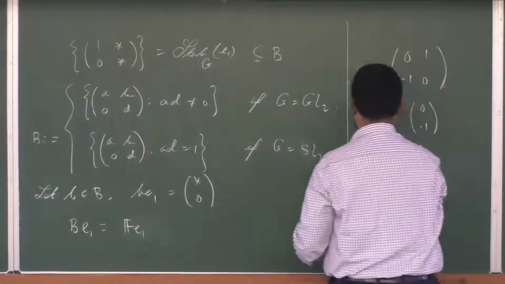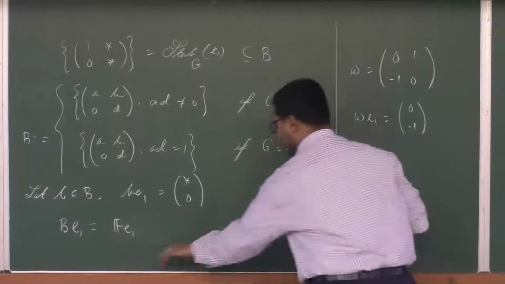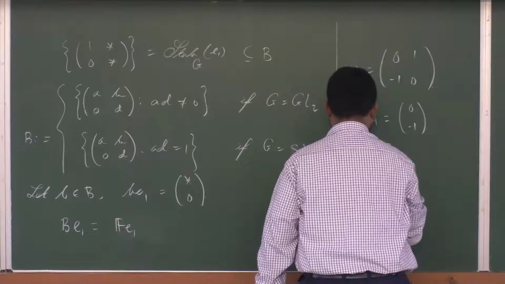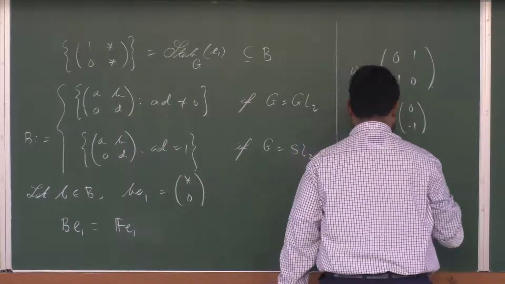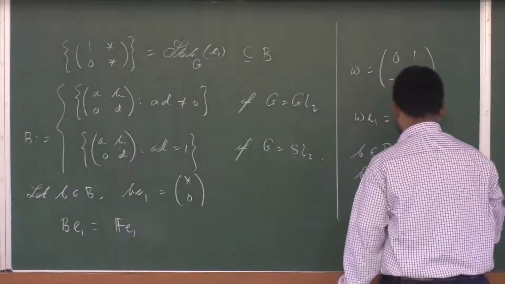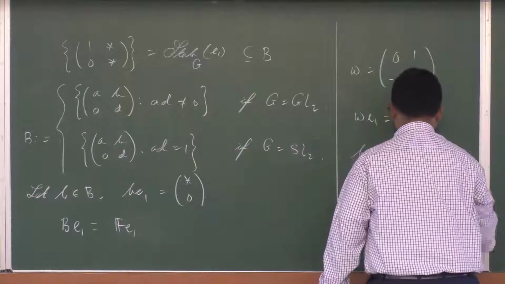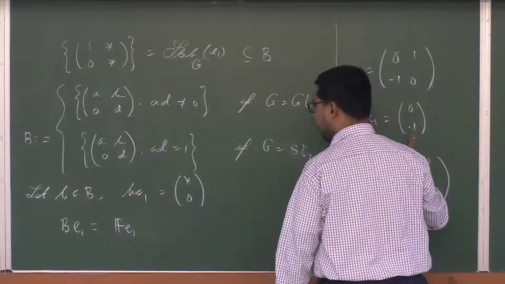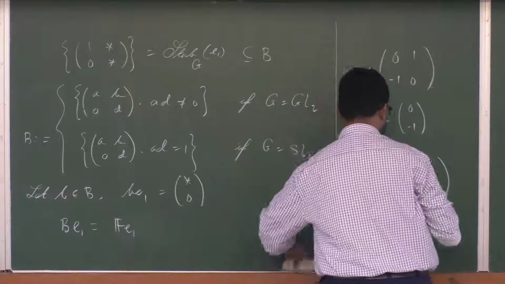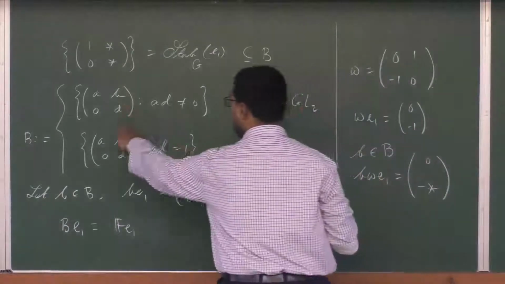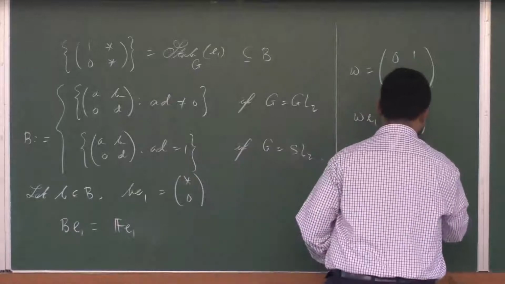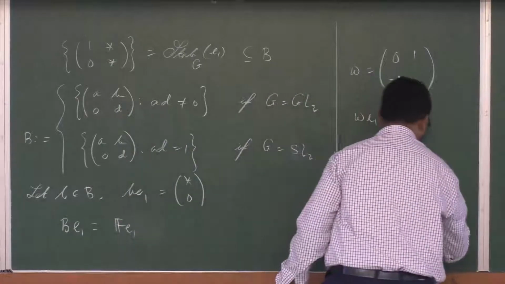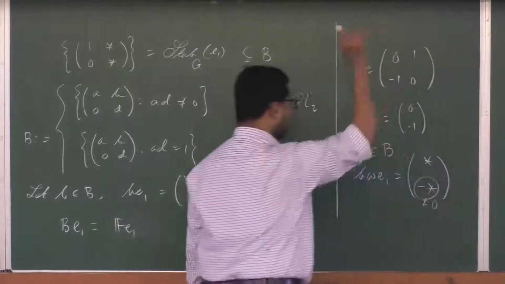So for a typical b in B, b W e_1 is of course of this form. A typical b will be of this form. However, one thing is to be clear: this component cannot be 0, so the second one has to be non-zero.